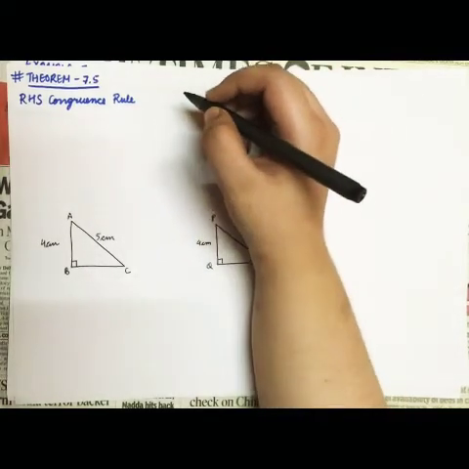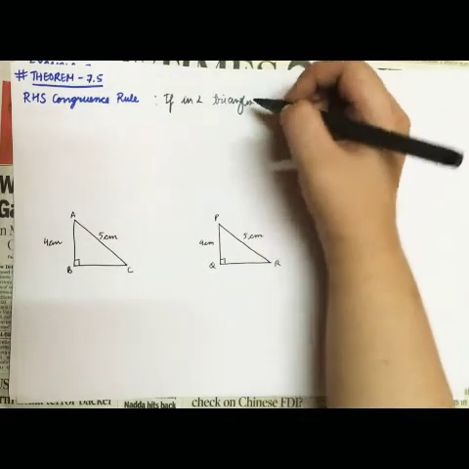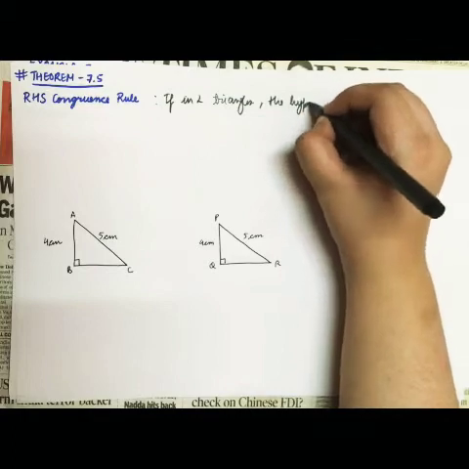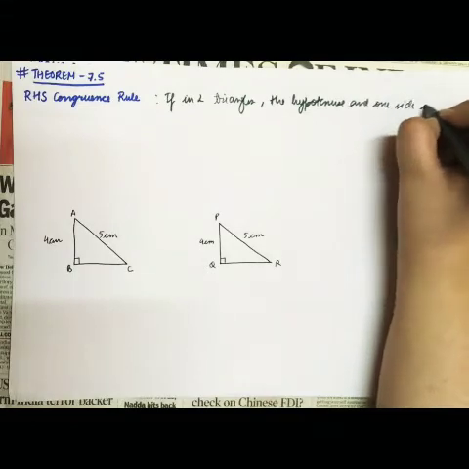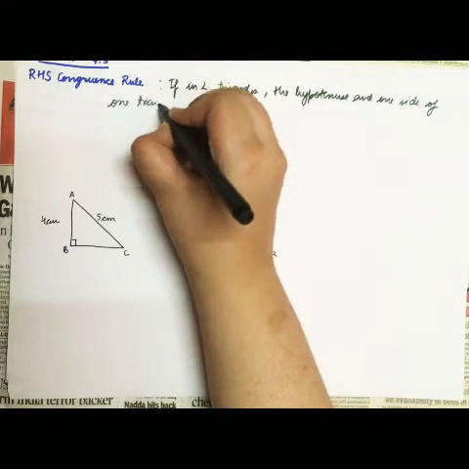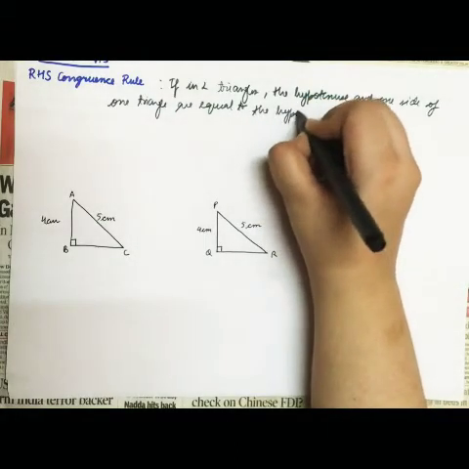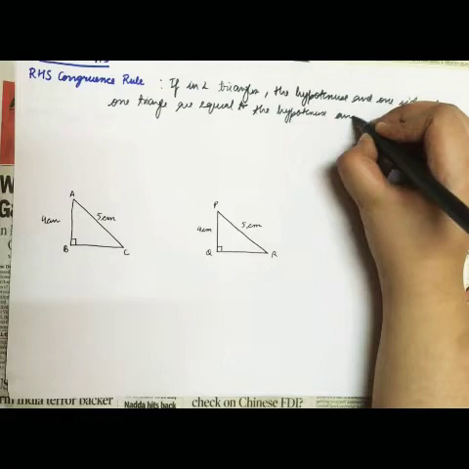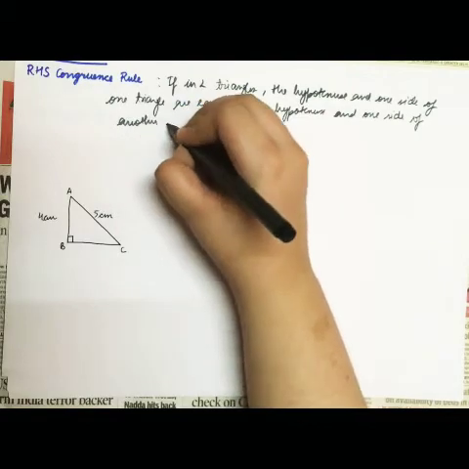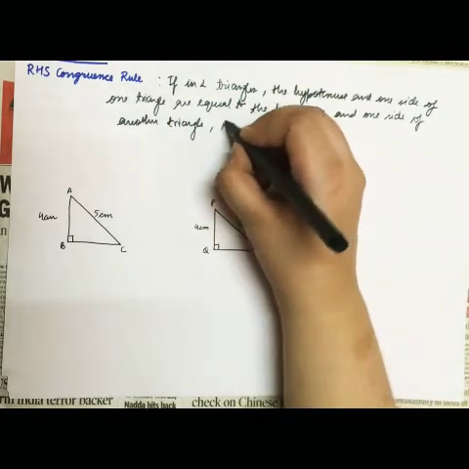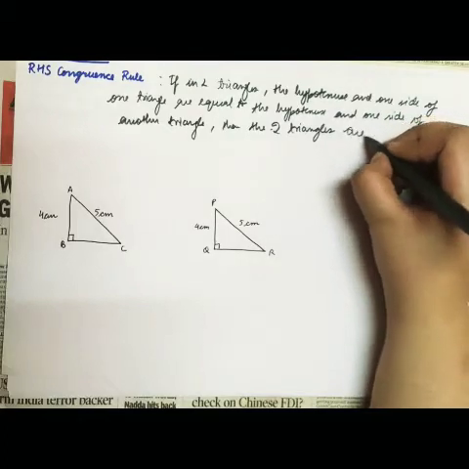So if in two triangles the hypotenuse and one side of one triangle are equal to the hypotenuse and one side of another triangle, then the two triangles are congruent.